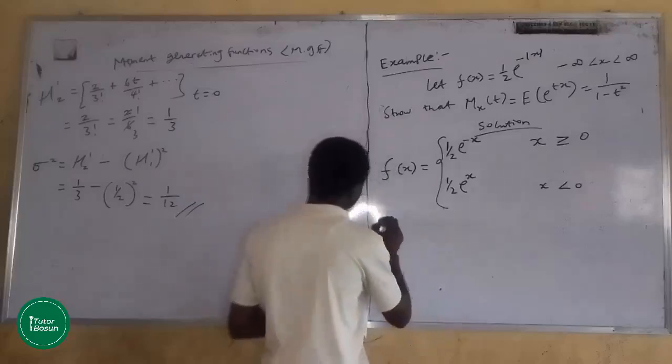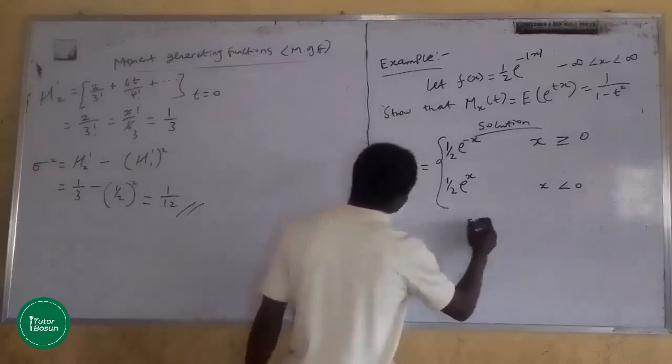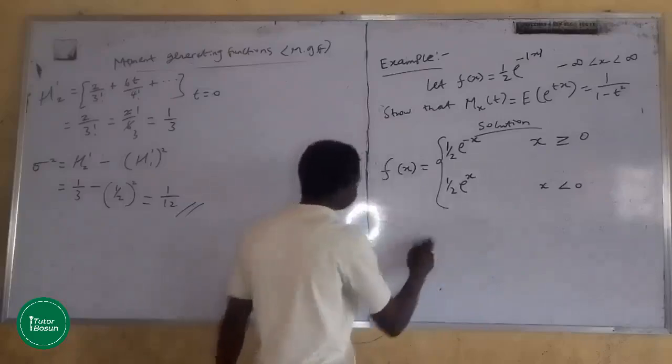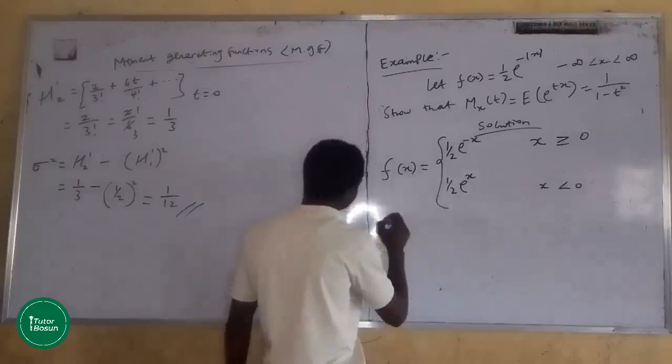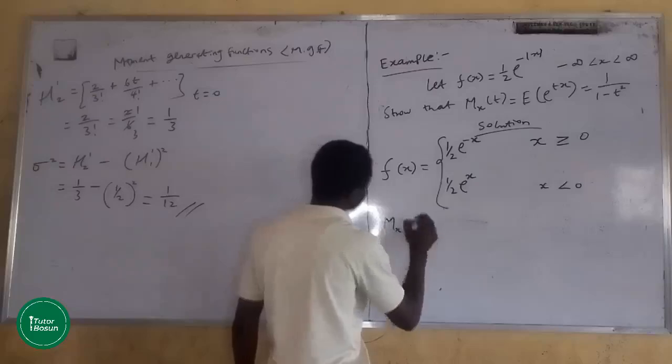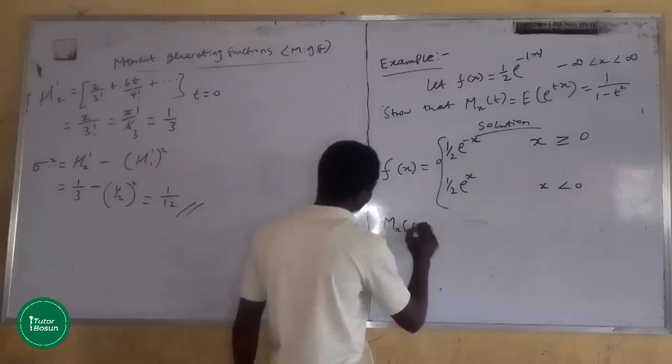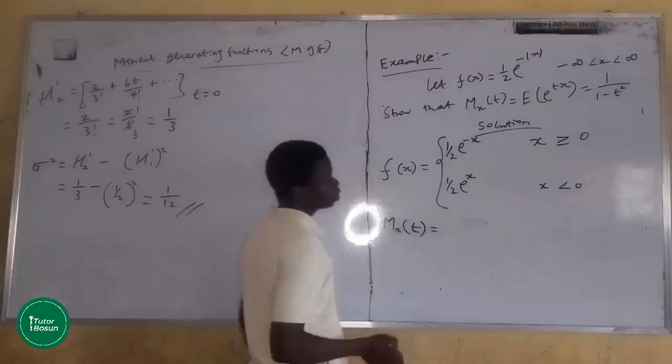So now let's solve for the moment generating function of random variable x, which is a function of t.